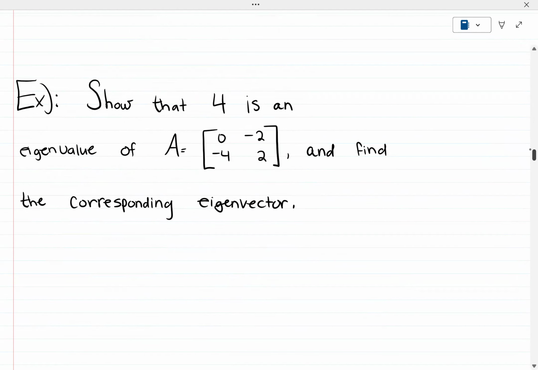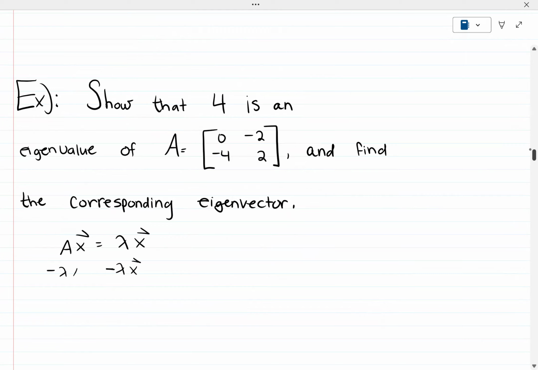So what they're really saying is, we've got to set it up like this: A times vector x is equal to lambda times vector x, right? And then what we've got to do is get one side to 0. So I'm going to have to subtract lambda vector x on both sides.